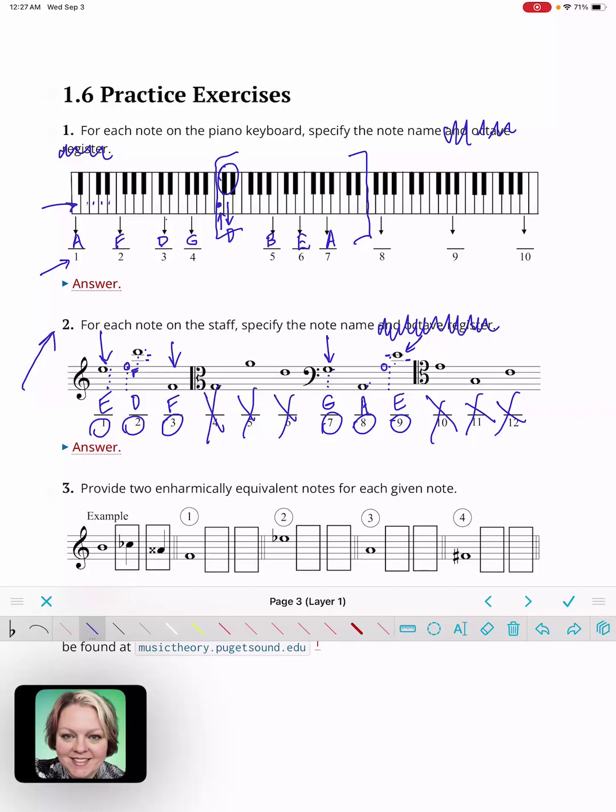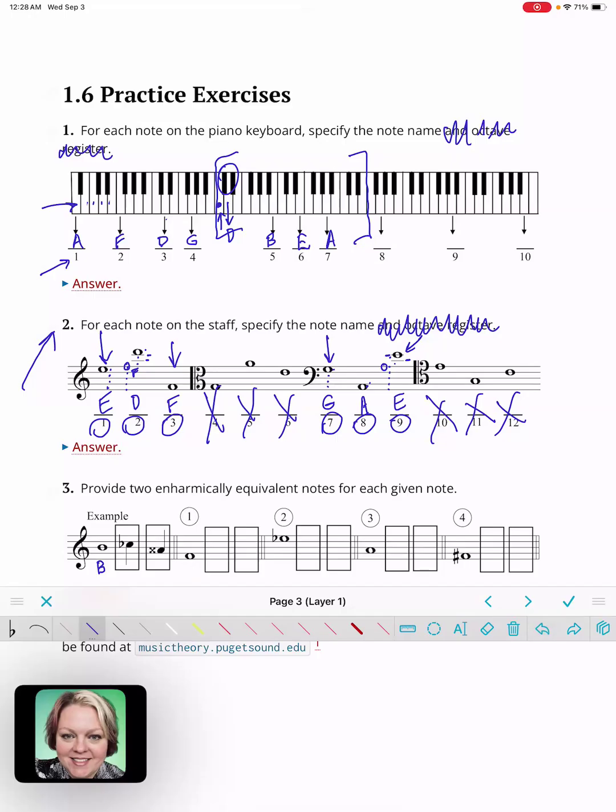In the example that they initially give you to show you how to do it, they give you a B. And that's the given note. When we get to these other ones, you see those are your given notes. I always recommend labeling them. It's a good idea.